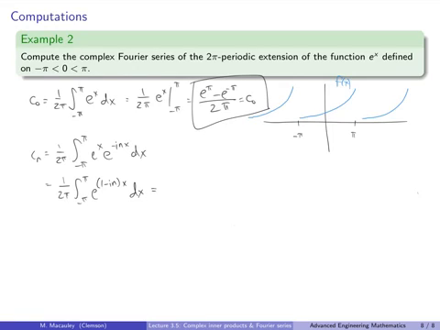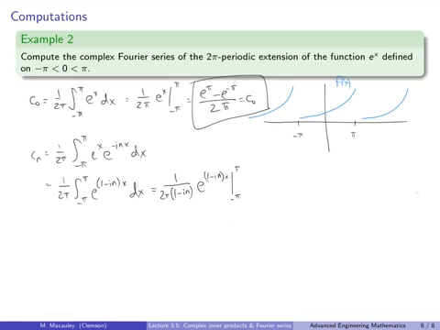And if we do this, this is 1 over 2 pi times 1 over (1 minus i n) times e to the (1 minus i n) x from negative pi to pi.